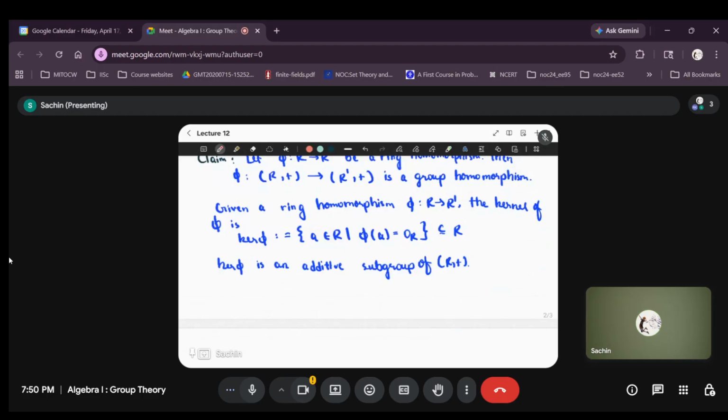We must show that it is associative, commutative, and has the identity.